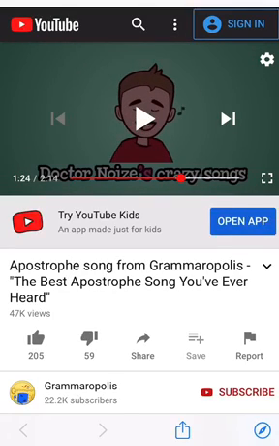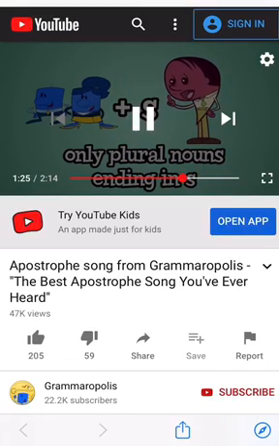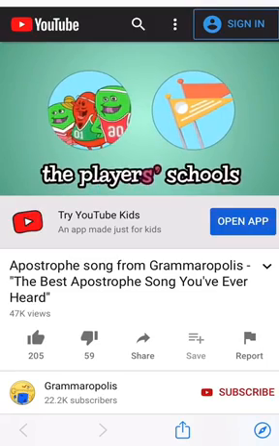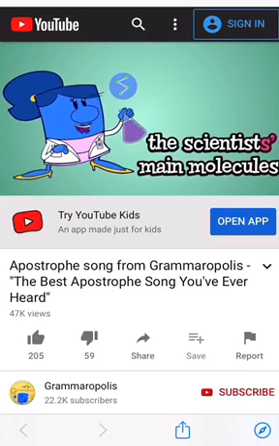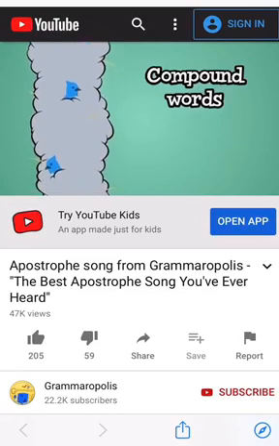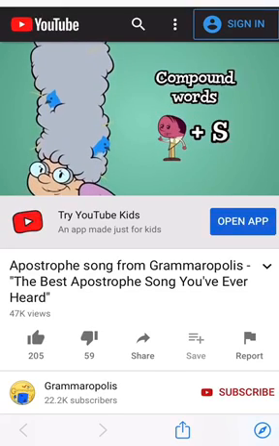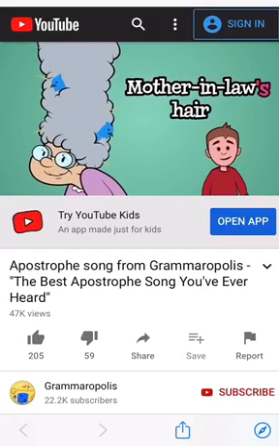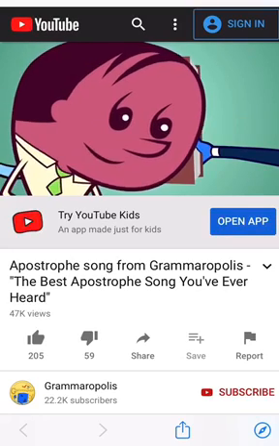Pay attention here because you're going to be doing this on your worksheet. But you only use an apostrophe for a plural noun with S. The student's rules, the player's schools, the scientist's main molecules. For compound words, add apostrophe S. Like your mother-in-law's hair is such a mess. Yikes! And finally we... Okay, I'm going to stop it there.